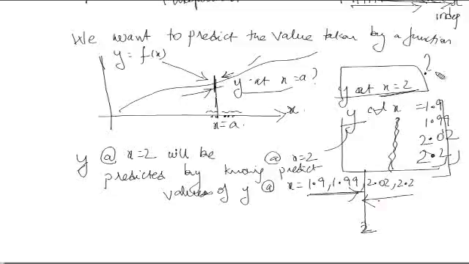So what I am trying to say is, the value taken by the function closes on to 2 here. Say for example, in this graph I travel like this, I travel like this, and I tend to close at this point. So the value of y at x equal to 2 closes at this point. It is converging at this point.